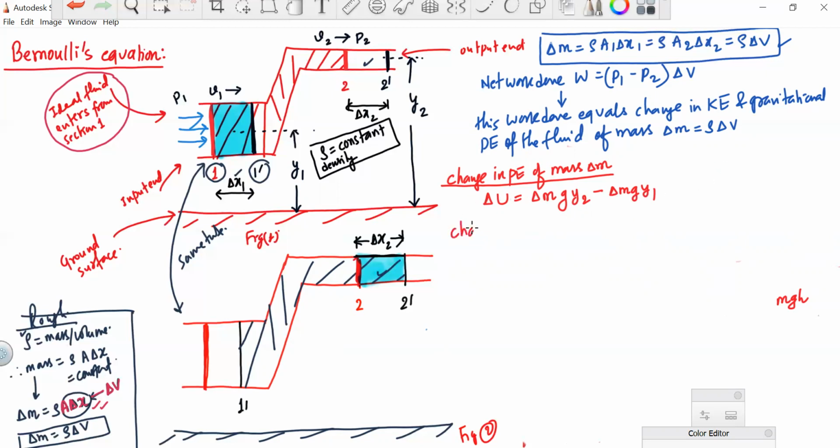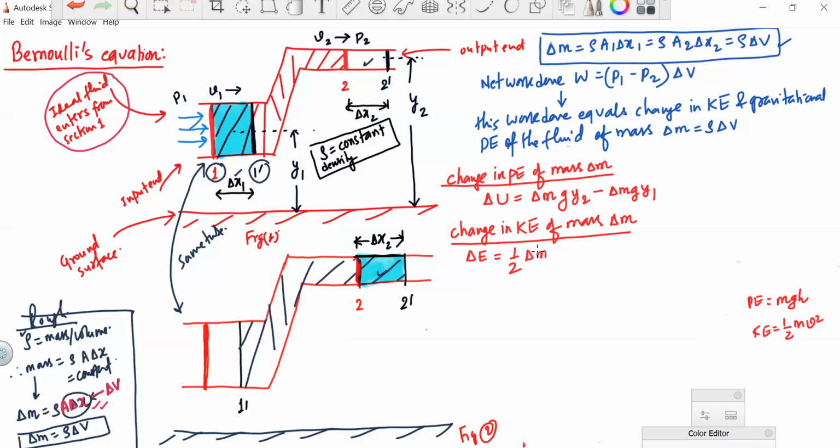In the same way, let us find change in kinetic energy of mass delta m. Now change in kinetic energy, let us denote it by symbol delta K, and this equals half, we know kinetic energy is half m v square.